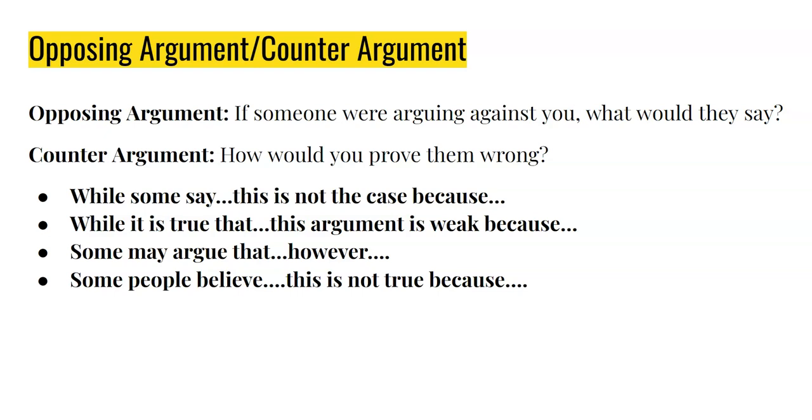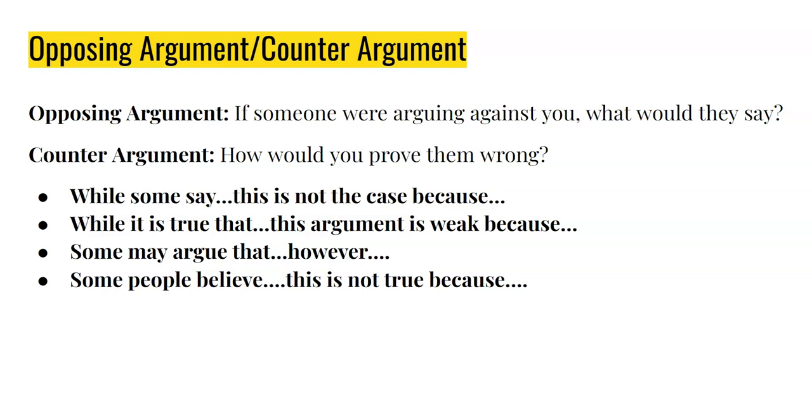So some different ways that you might start your counter-argument paragraph could be, while some may say blank, insert your opposing argument. This is not the case because blank, and that's where you would prove it wrong. Another option would be, while it is true that blank, this argument is weak because blank.